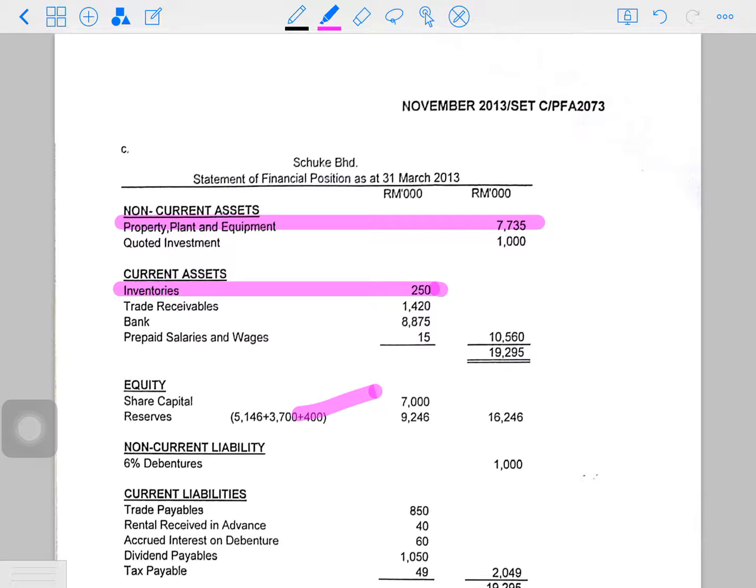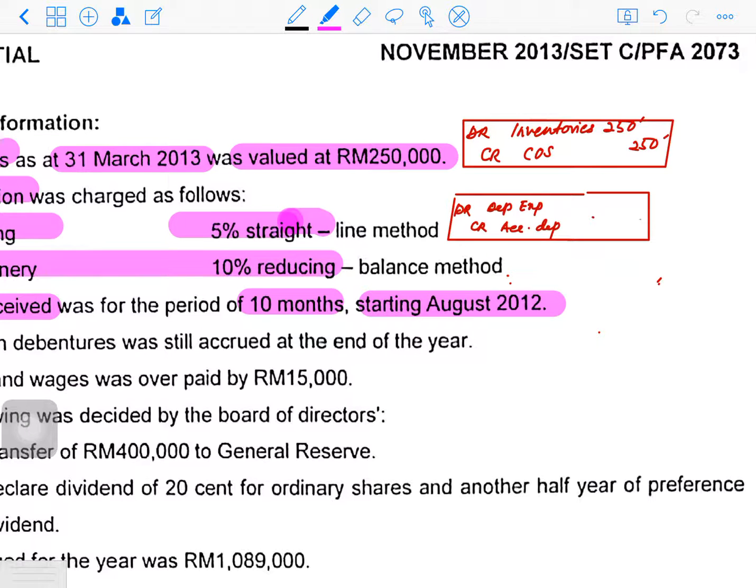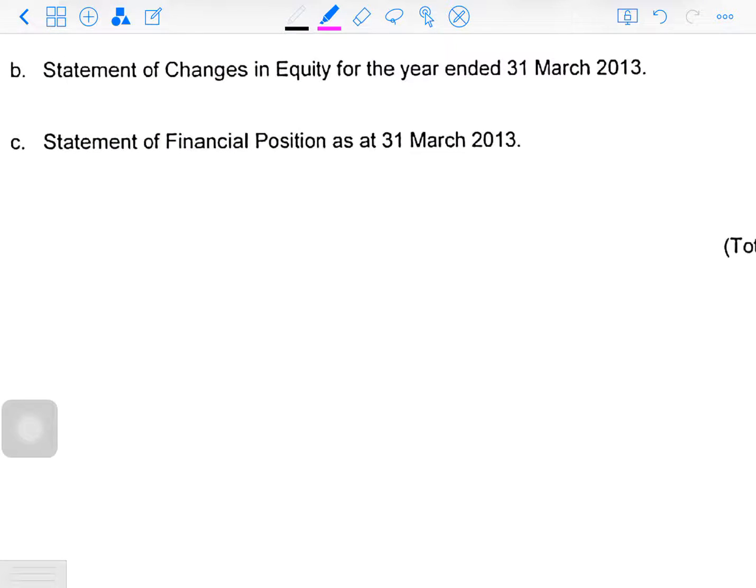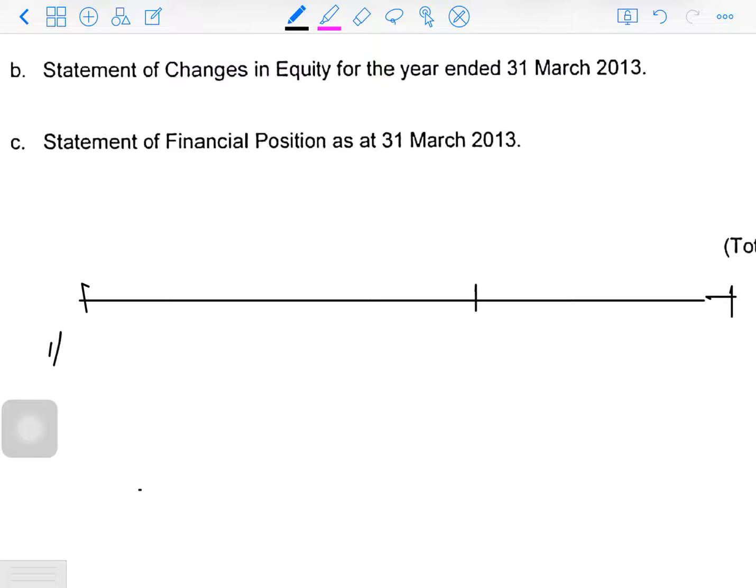Your accounting date should be 1st April 2012 up to 31st March 2013.